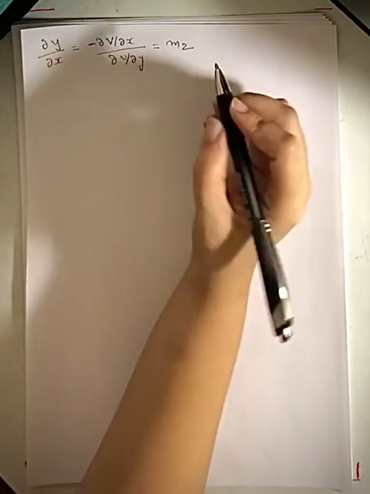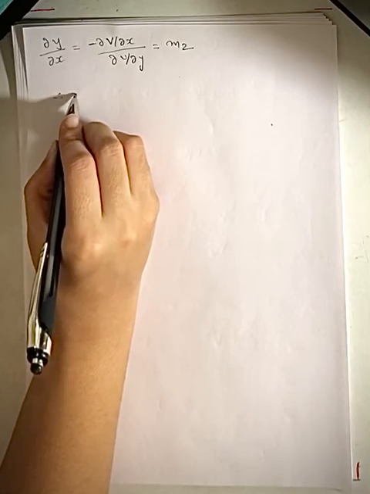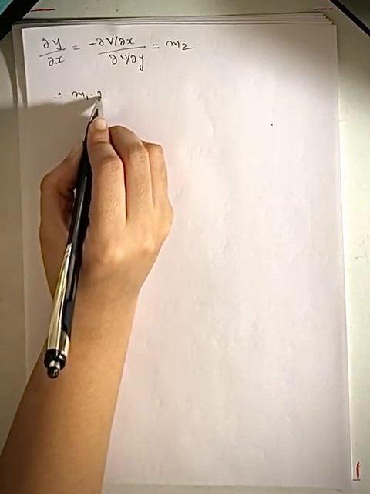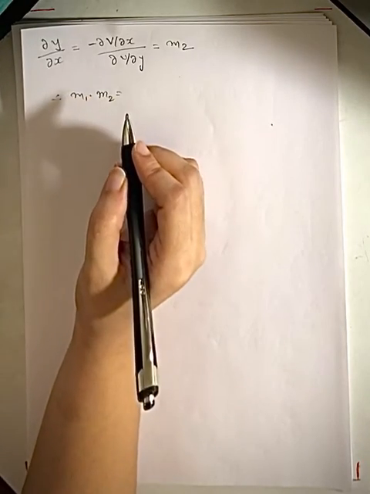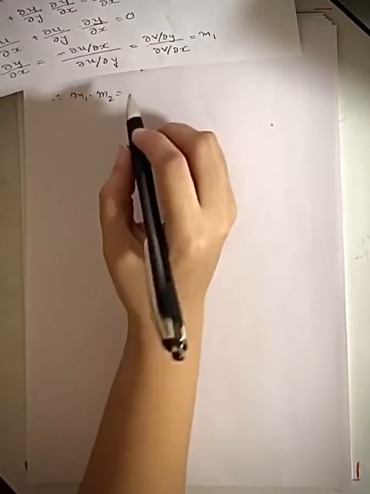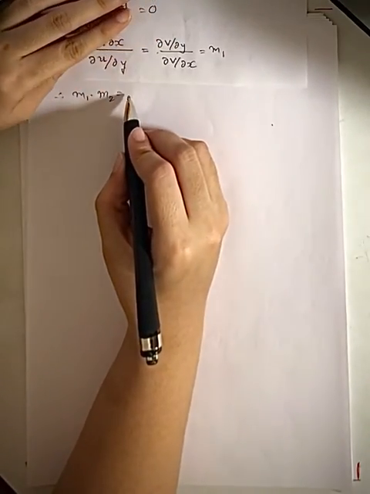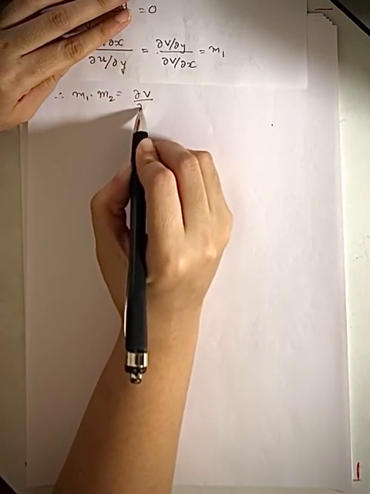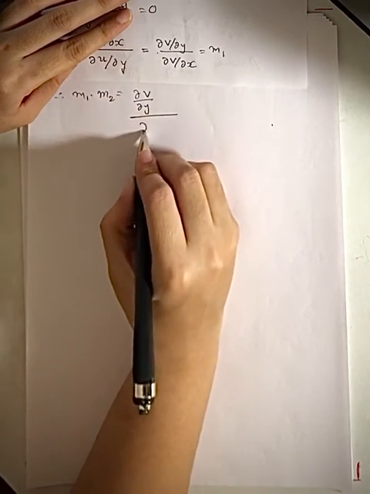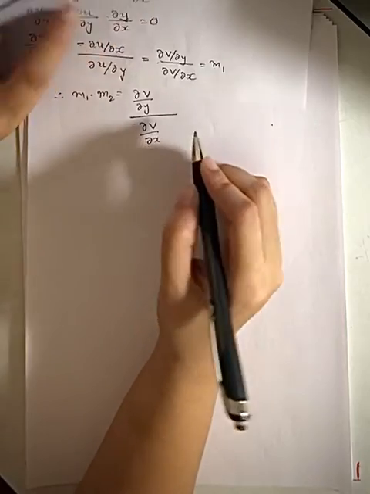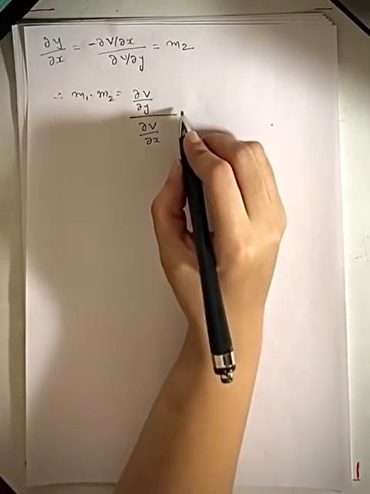Okay, and we just do multiplication of M1 and M2. You see here what is M1? It is del v by del y whole divided by del v by del x. And then what is M2?